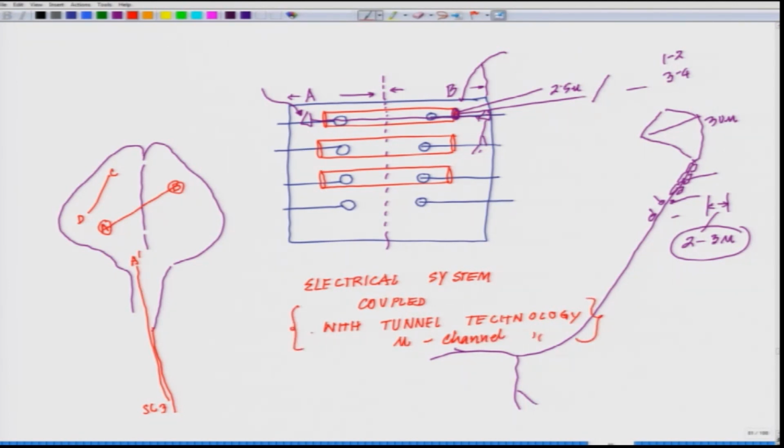Along with it, you could have several other microelectromechanical systems coupled with it. Say I wanted to study the connectivity of parasympathetic neurons with the adrenal gland of the kidney, on top of the kidney.